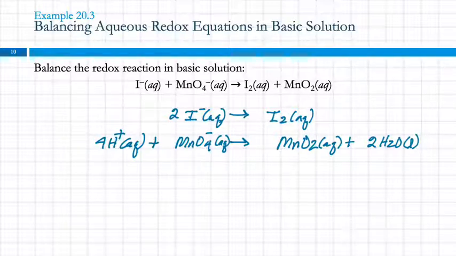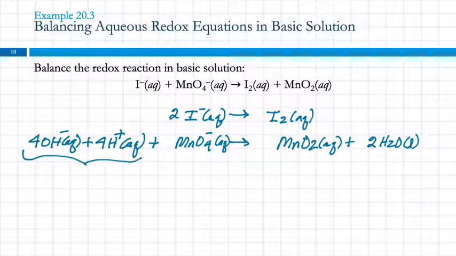So I'm going to add base. I'm going to add hydroxides. Here I have 4 hydrogen ions. If I add 4 hydroxide ions, what do those become? 4 water molecules. In order for this to be balanced, I have to do the same thing to both sides.